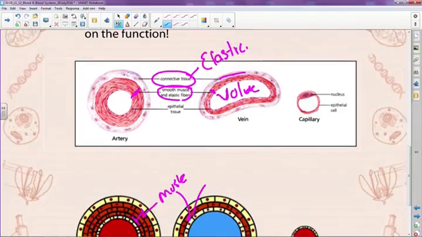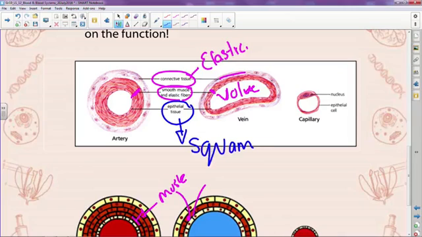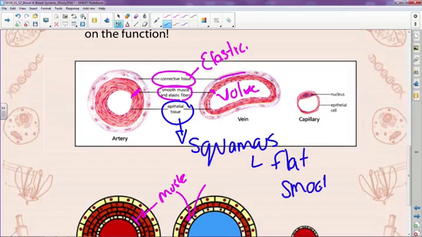Now the last one that we have, look at this, epithelial tissue. What kind of epithelial? Squamous. Why? Because it's flat, because it's smooth, because it's thin. What is the function of my transport system? My transport system is to transport, to move.